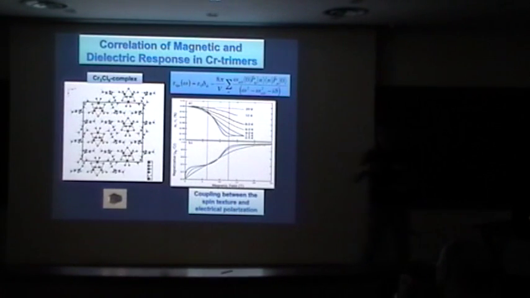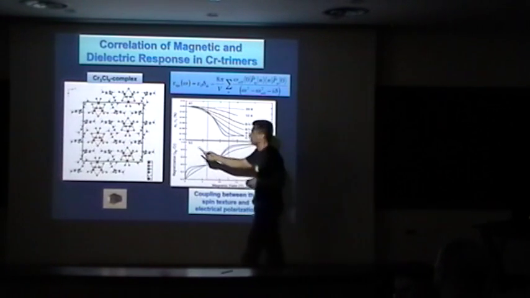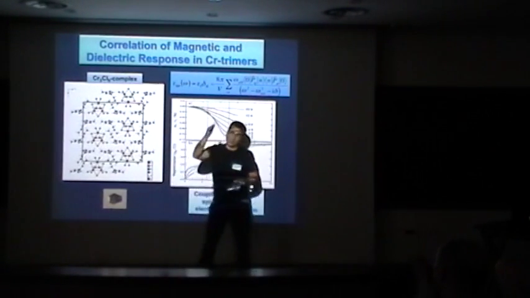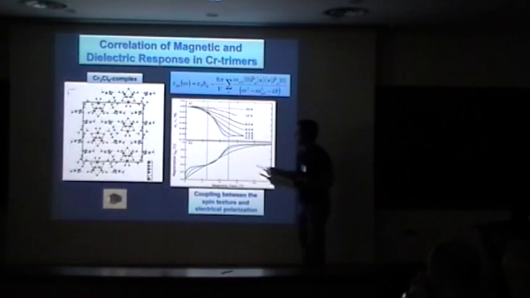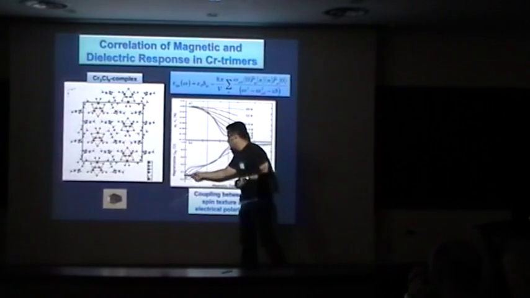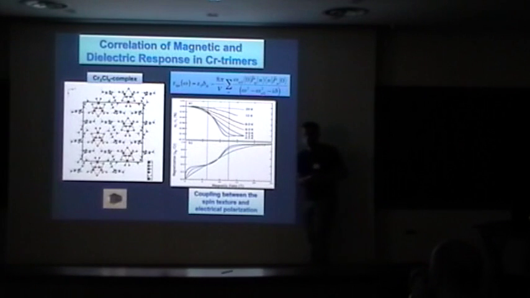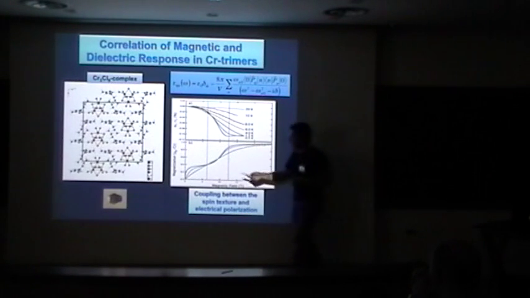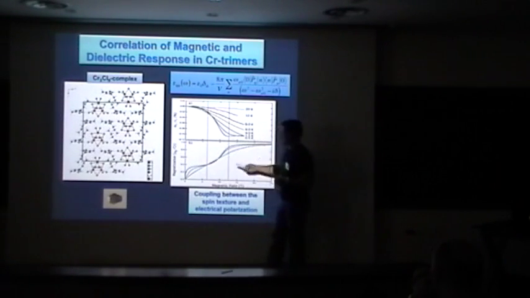You have the spin a half ground state. Sorry, this is spin 3. So you have different multiplets, and what you can see is that with a magnetic field you can induce transitions between multiplets, for instance from the spin 1/2 multiplet to the next multiplet, so you have a step in the magnetization.